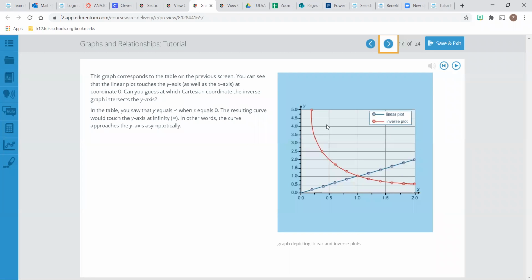Sorry, it's not linear. I misspoke again, sorry. Linear, straight line. Inverse, you're given a constant, k, divided by x. So as the x goes up, the y is decreasing. It's the opposite, the inverse, right? One goes up, the other goes down.